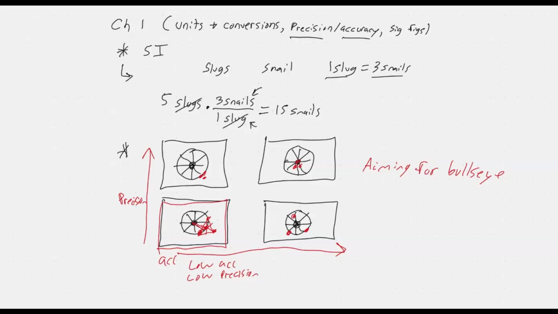All of the shots are much closer to each other, but they're all nowhere near the bullseye. So that would be precise. The instrument very reproducibly captures the same data when you attempt to capture the same data over and over, but it's just not accurate. So that's inaccurate.